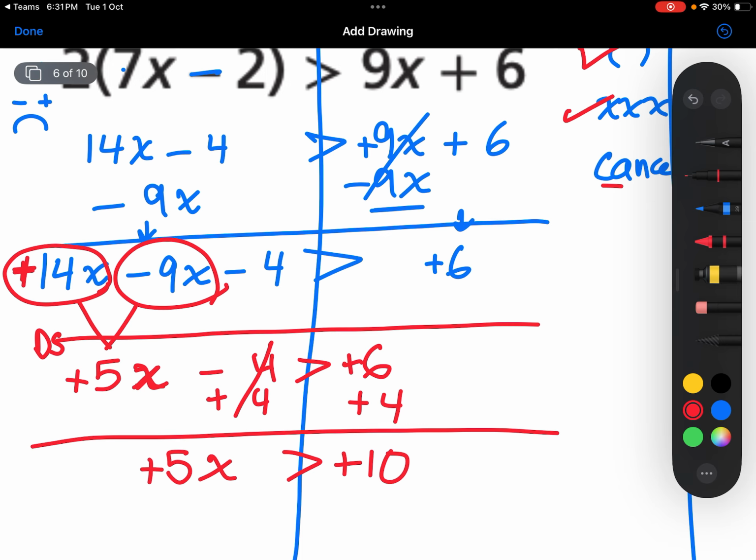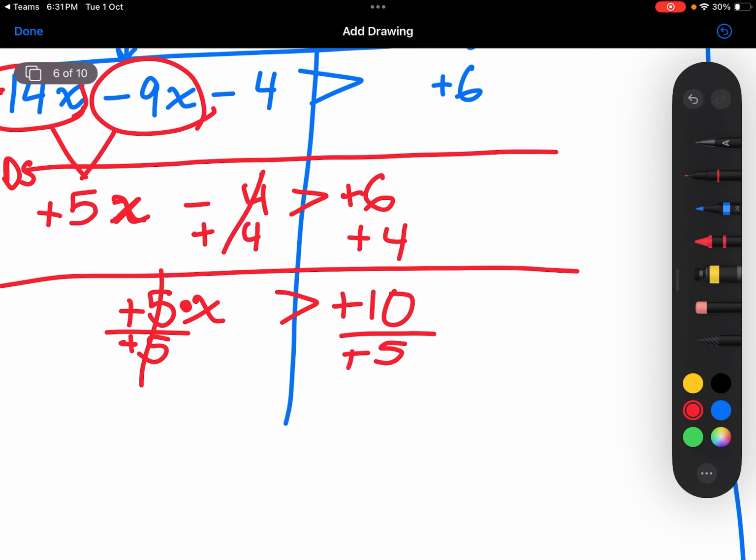To cancel the 5, which is multiplied by x, just divide by 5, divide by 5. Now what do I have left? I have x is more than 10 divided by 5, it's 2 positive.